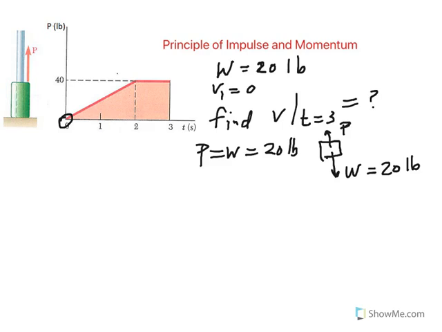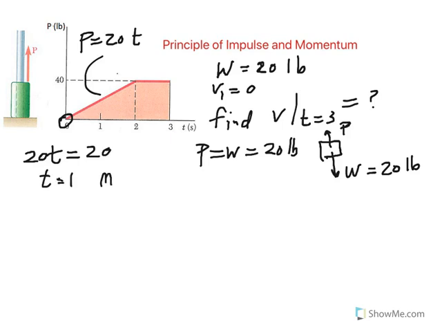You could always find the equation of this line, which is clearly just P equals the slope, 40 divided by 2, times t. By setting 20t equal to 20, clearly you could see time is going to be 1. So motion starts at t equal 1.